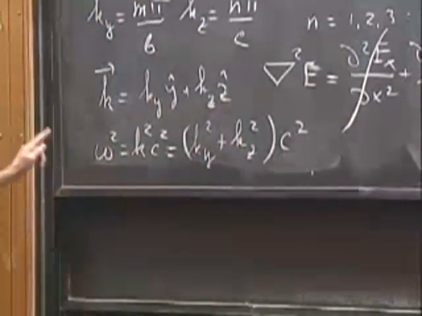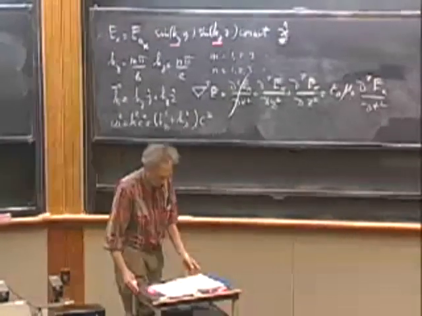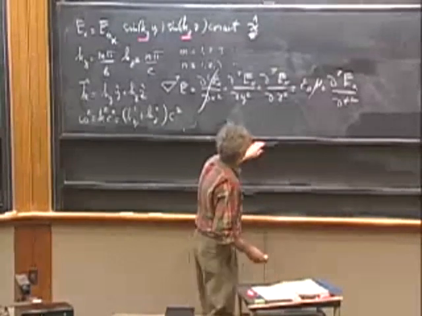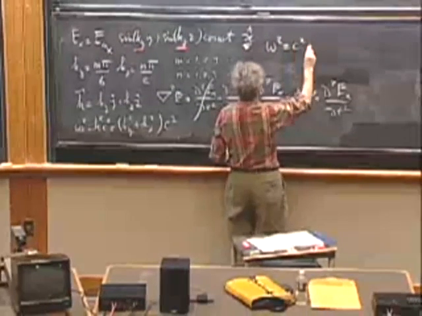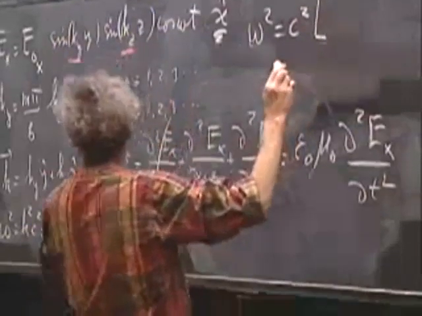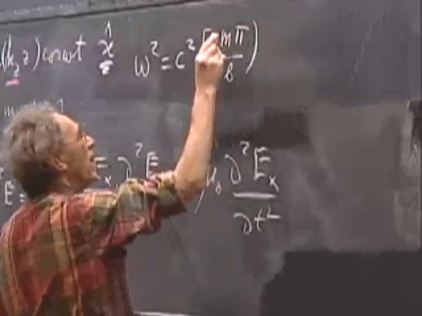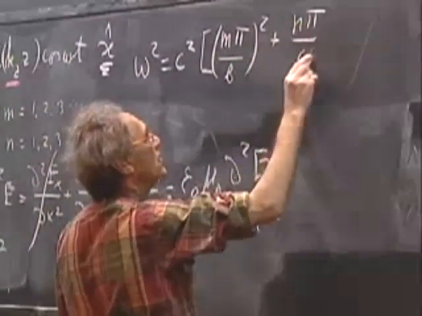But my ky and my kz are quantized because they are now only allowed for certain values. And so I can write there now that omega squared is then c squared times m pi over b squared plus n pi over c squared.